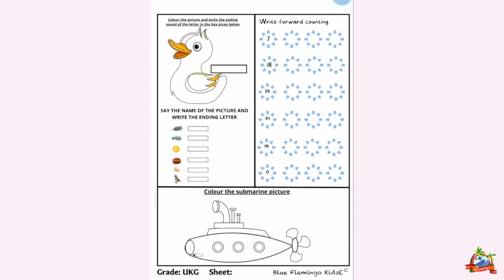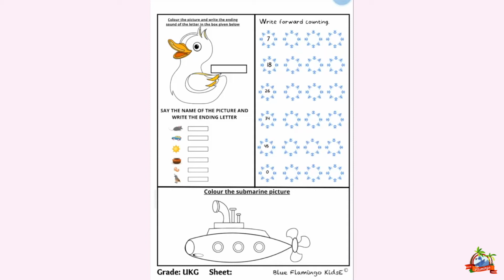One word. A for apple. B for ball. C for cat. D for dog. E for elephant. F for fish.